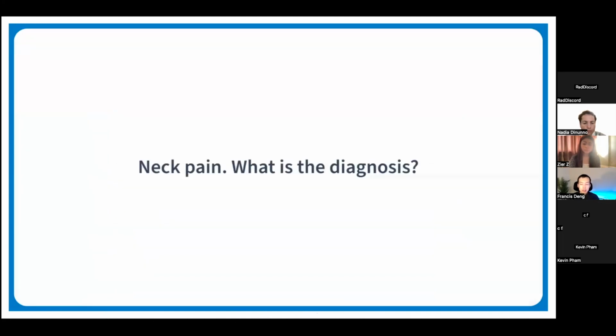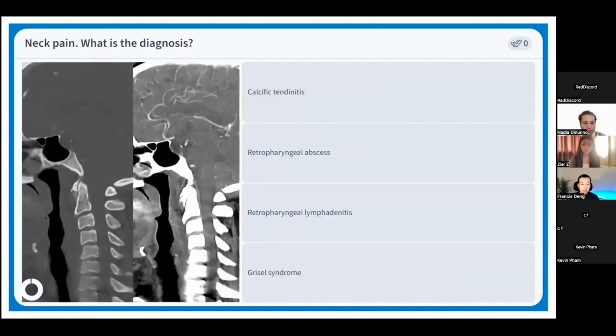Okay, let's try the next question. Hopefully the poll works. This patient is presenting with neck pain. What is the diagnosis? Good. It looks like some people are able to register their votes.